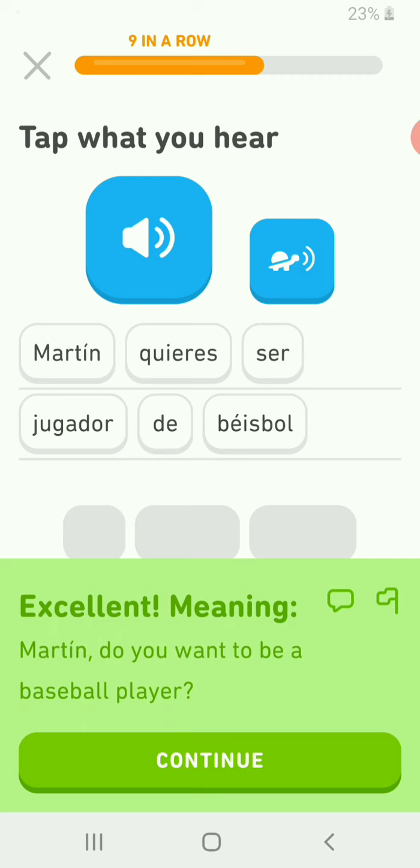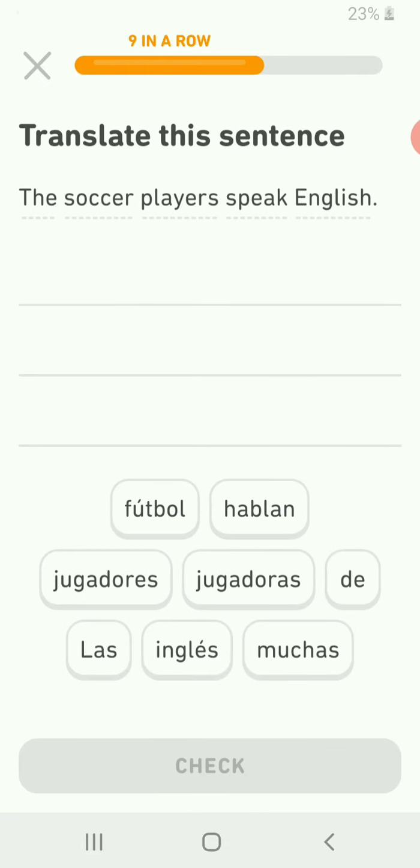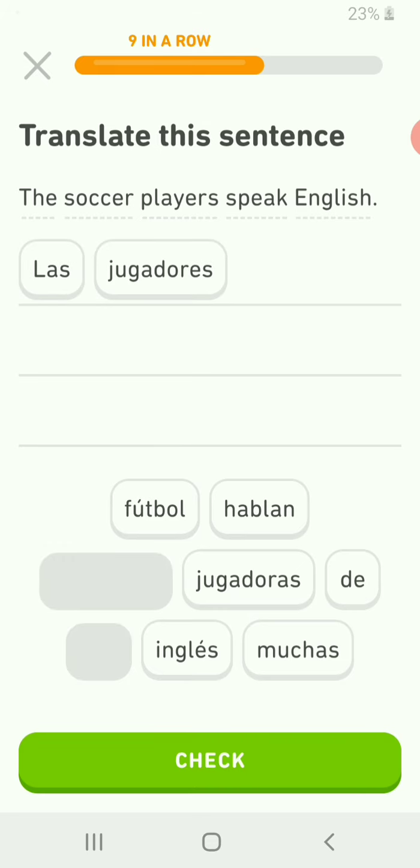So notice there is no a before jugador, because when you talk about occupations or professions, we don't put the indefinite article. The soccer players speak English. Las jugadoras. Jugadores o jugadoras?